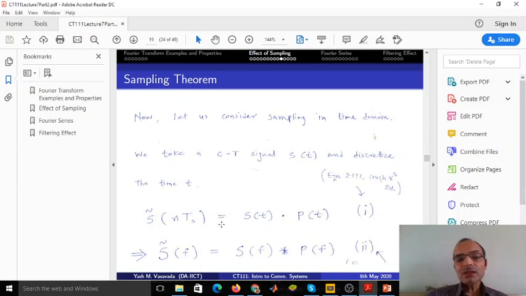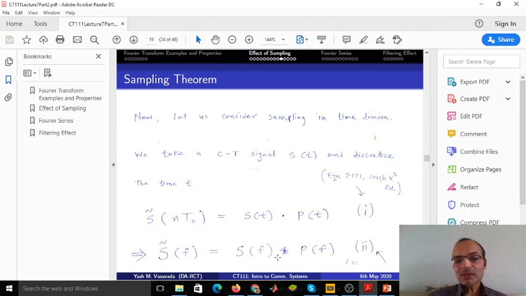Now let us take the Fourier transform of this equation 1 on both sides of the equality sign. When I take the Fourier transform of the left hand side, I obviously get the Fourier transform of the discretized time domain signal. But look what happens when I take the Fourier transform of the right hand side. I have a multiplication going on. And we have seen earlier that whenever I multiply two signals in the time domain, I get a convolution in the frequency domain.